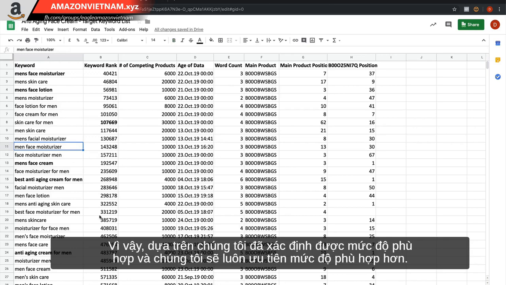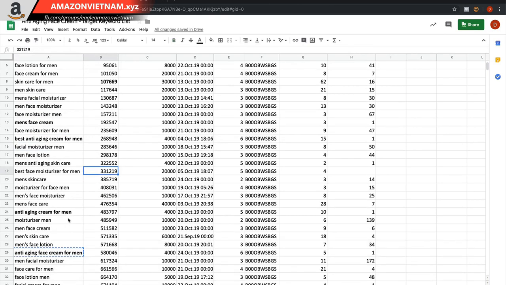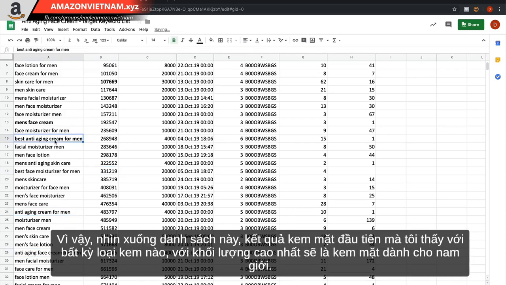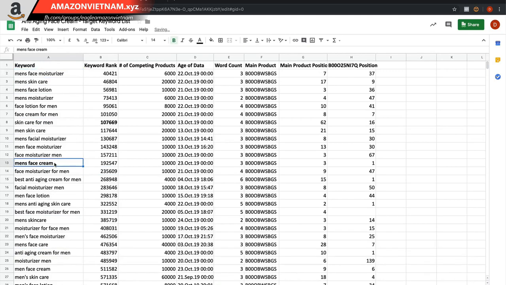So we've already identified on relevancy, and we're always going to prioritize relevancy over rank or volume. We can see that face cream is the intent that we want to hit, specifically anti-aging face cream. So looking down this list, the first face cream result I see with the highest volume would be men's face cream.